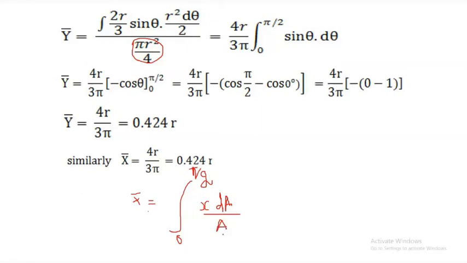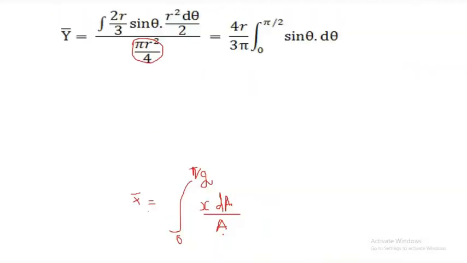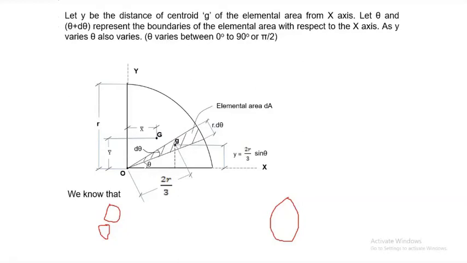What are x, dA and A? You need to consider them from this figure itself. Here you have to calculate this value, which is nothing but 2r by 3, and then cos theta.